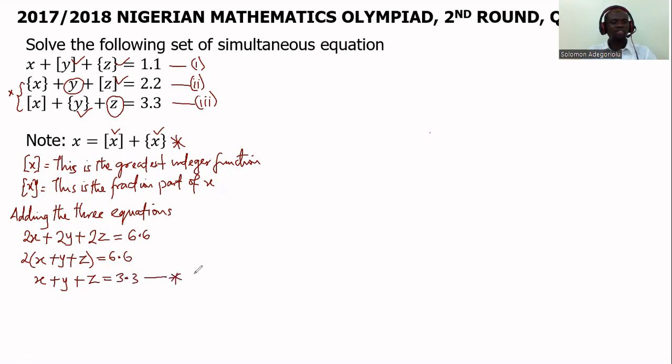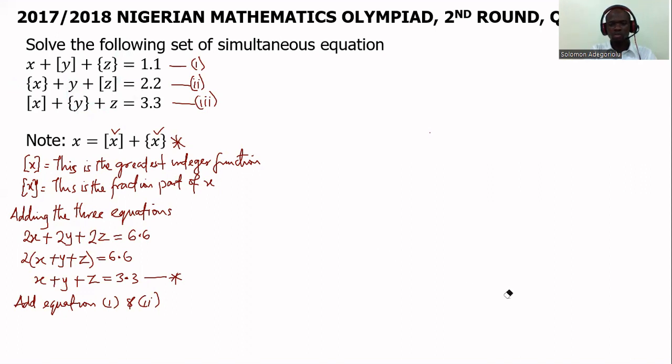After this, how do we go ahead with the solution? The next thing we have to do is to add equation 1 and equation 2 together. Let's take a look at that carefully. Hold on, let me clean this.